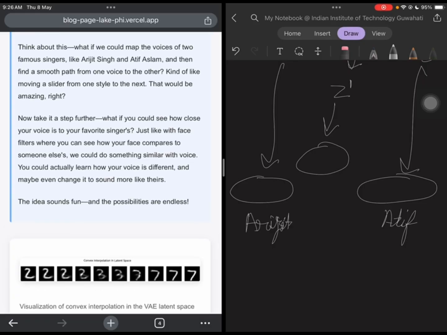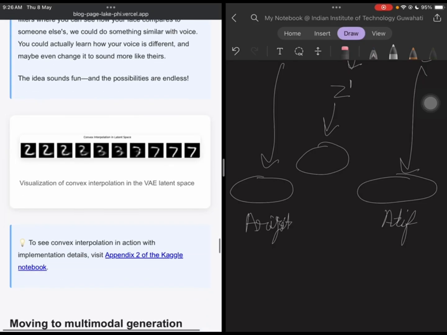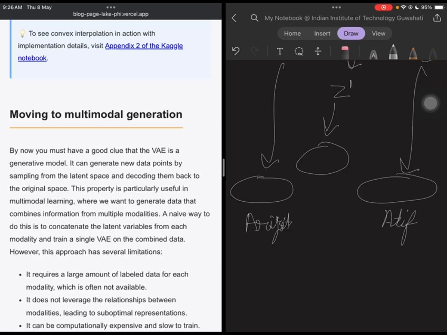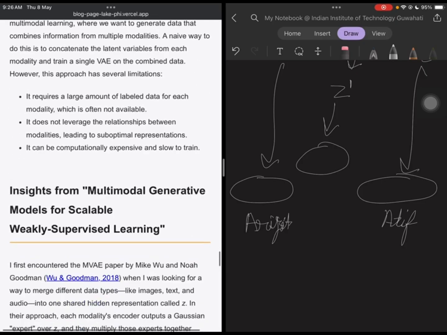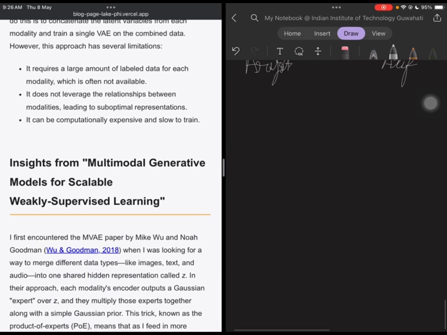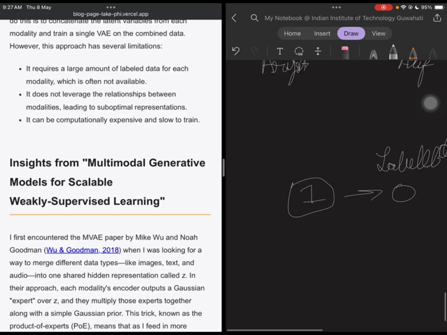You can extend this to many modalities. Now at last, multimodal generation. In multimodal generation, I picked up a paper and implemented it completely on the MNIST dataset. MNIST is a labeled dataset, with digits and labels. It has 60K samples.